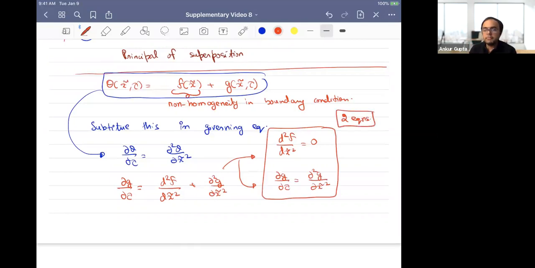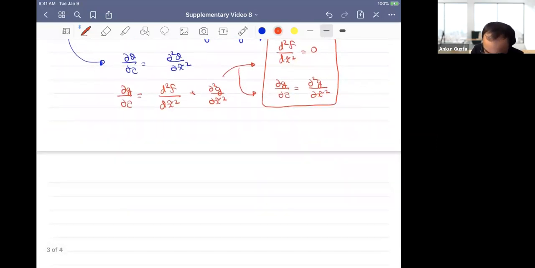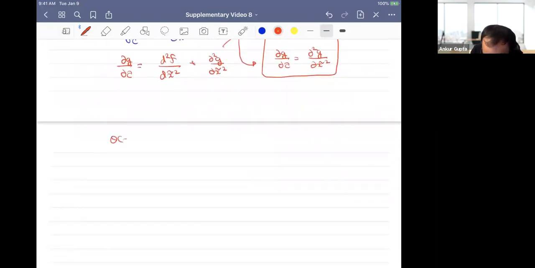Similarly, we also have to modify the boundary conditions and initial conditions. Our boundary condition was theta at x equal to 1 comma tau, which is equal to 1. This means f of 1 plus g of 1 comma tau is this value, because theta is f plus g, and we are evaluating at x equal to 1.